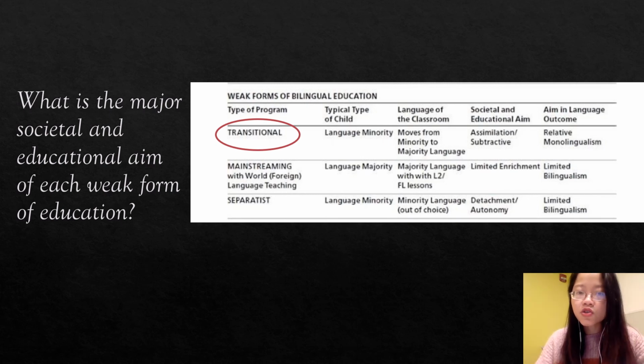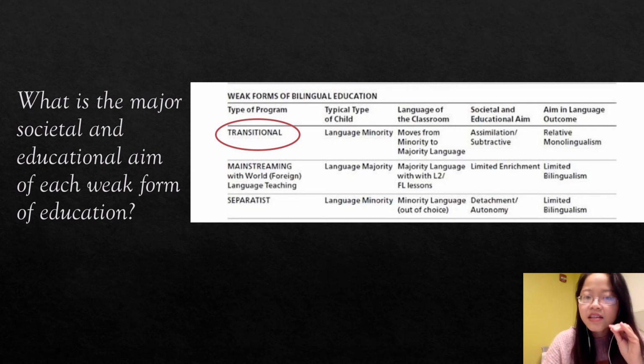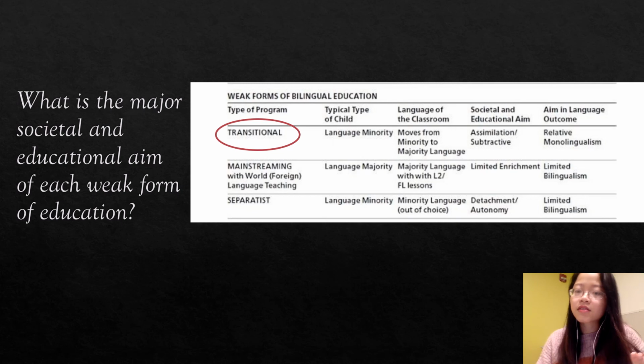However, reading instruction is often delivered in the student's first language, native language, primary language, because reading is a requirement across the curriculum. So at first they will teach it in the first language, so it's easier for students to understand, especially when their English is not that developed.